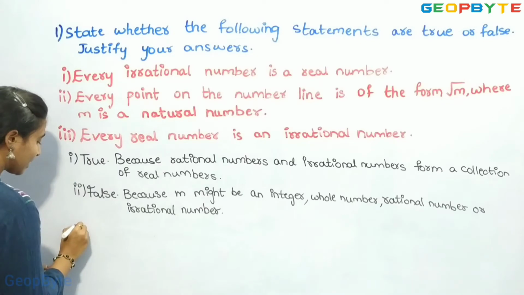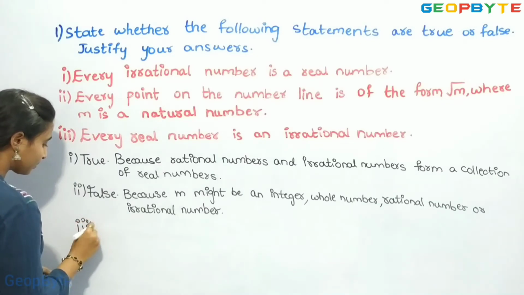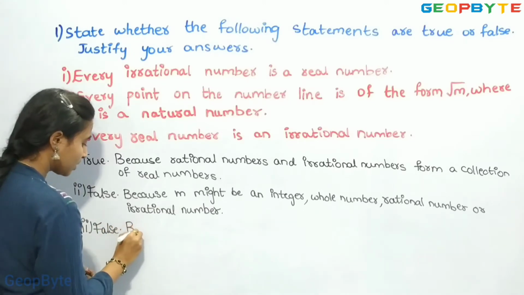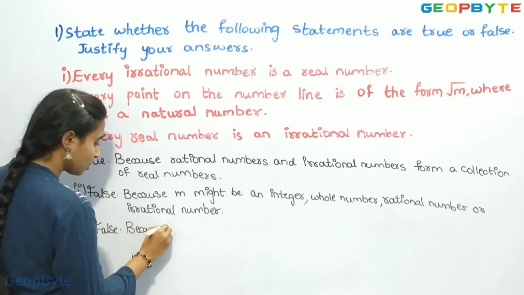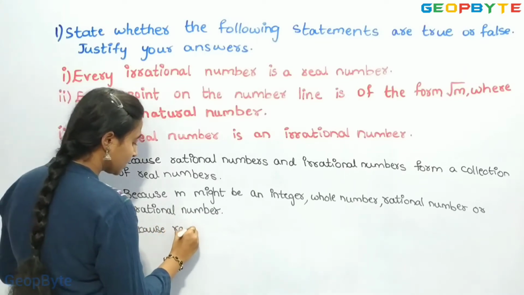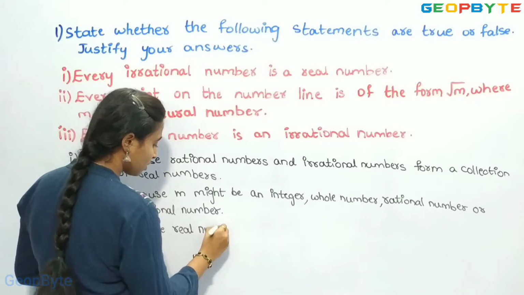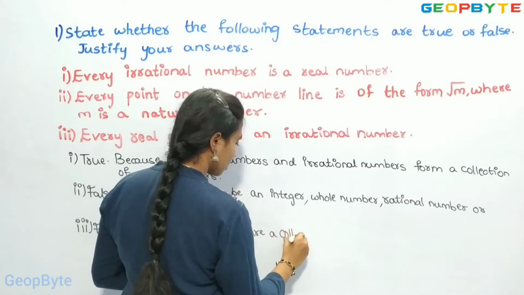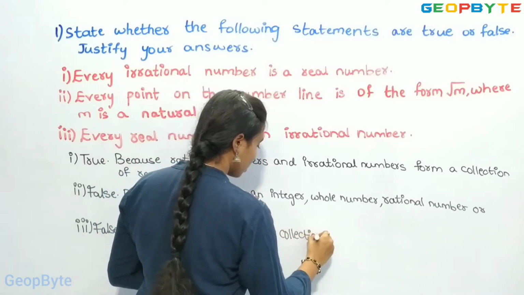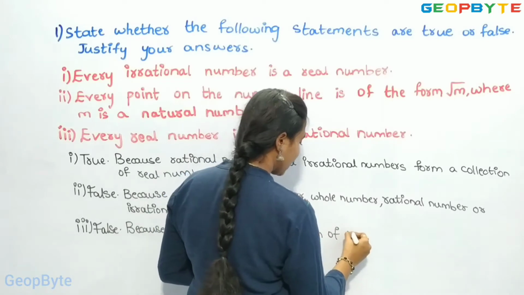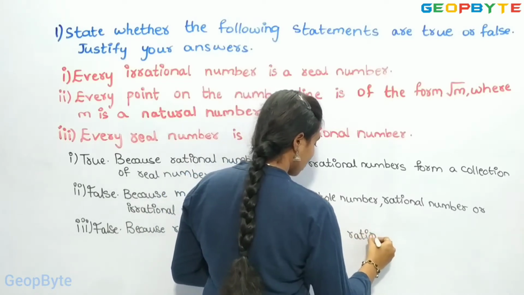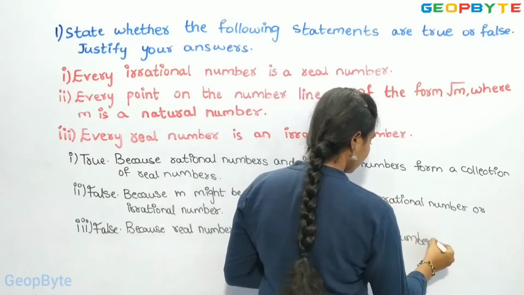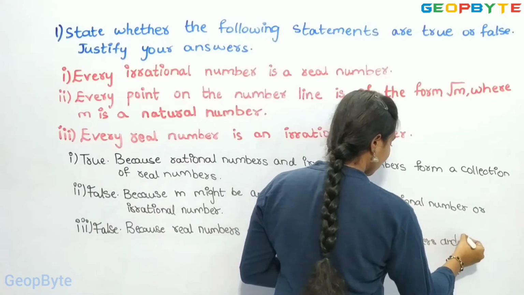So, let us write false because real numbers are a collection of rational numbers and irrational numbers.